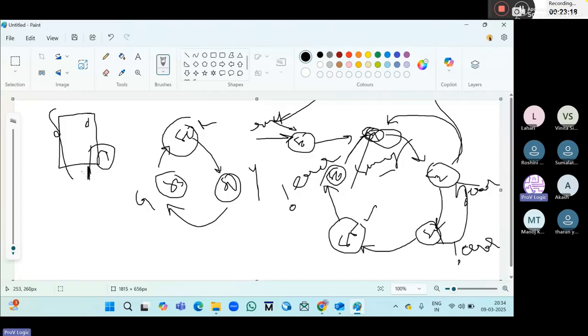Suppose I will explain clearly. There are 5 floors or even 20 floors. Okay, so how will the data be taken for 5 floors? Suppose you want to go to the 4th floor and you are on the 1st floor.